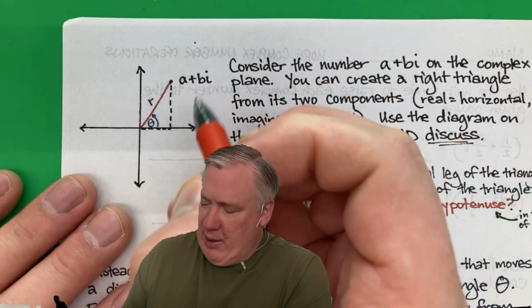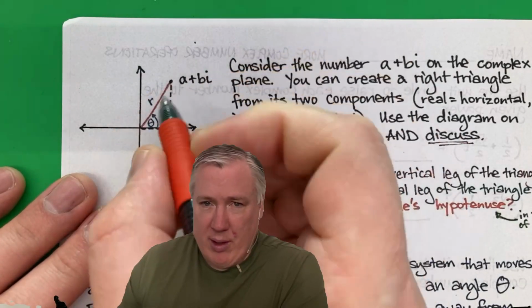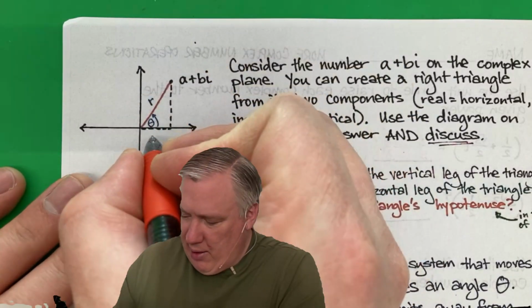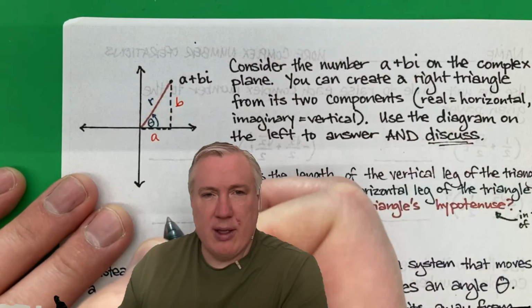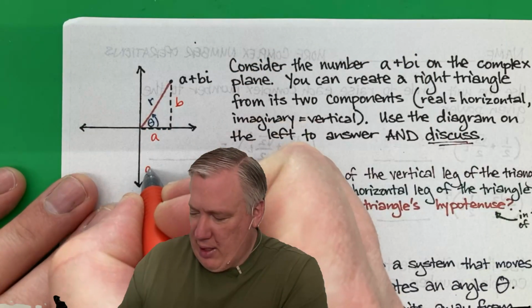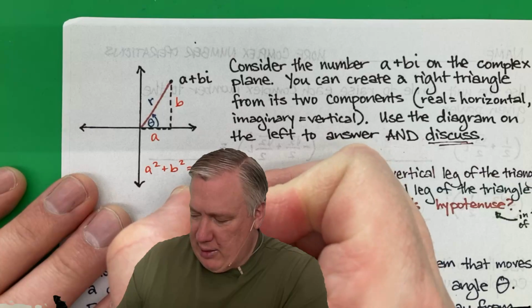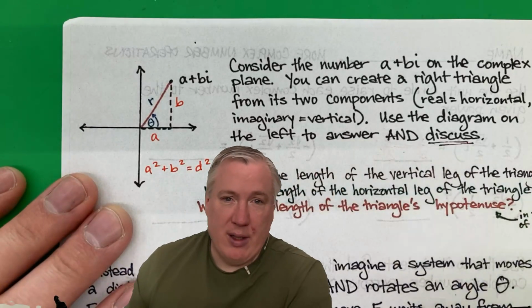We'll get back to this page later, but if I look at this coordinate, this complex number, a plus bi, this distance is a and this distance is b. And so if I want to find the distance from 0, well, that's a squared plus b squared equals that distance squared. Okay? I'm using d for distance.